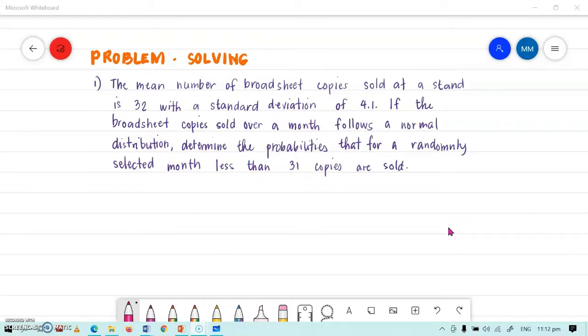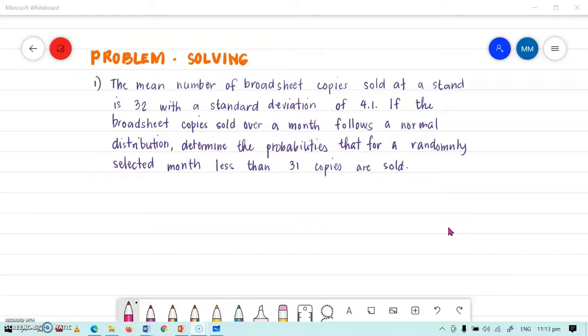Since what we are given are the mean and standard deviation that are not yet standardized, we need to convert 31 into its corresponding z-score so we can illustrate the problem in the standard normal curve.